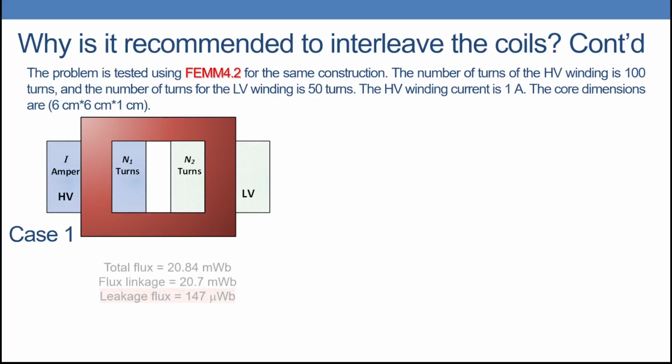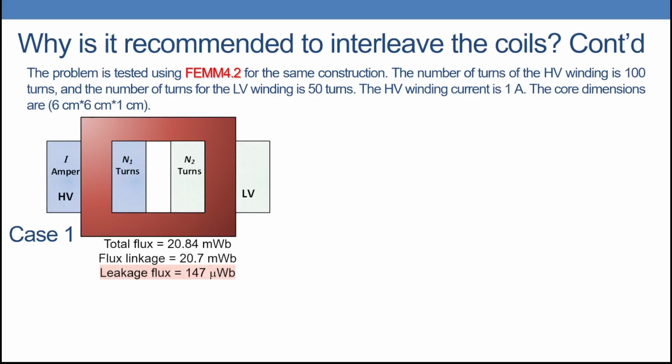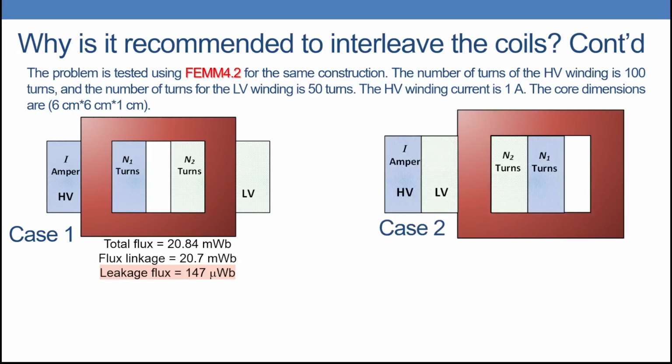So the results in this case: total flux will be 20.84 milliweber, flux linkage equals 20.7 milliweber, and the leakage is 147 microweber. And in this case, the leakage inductance will be 147 microhenry because the current is 1 ampere. Going to case number 2, where the coils are interleaved, in this case, the total flux will be 20.74 milliweber.